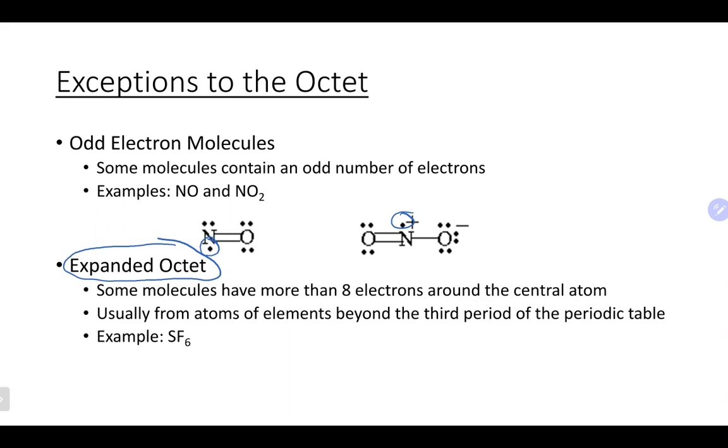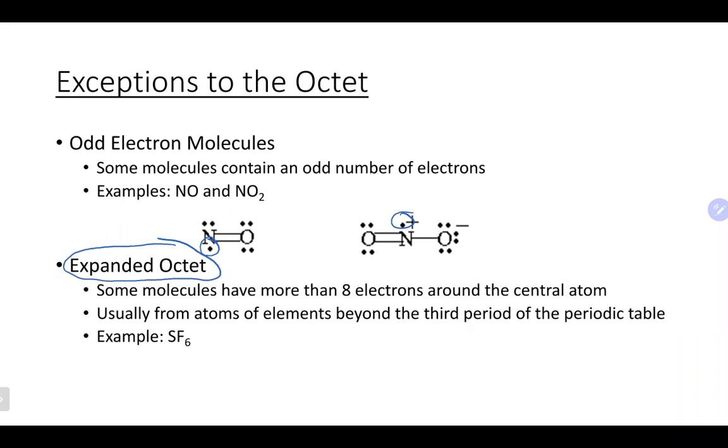That is what is referred to as the expanded octet. The expanded octet, much like the name implies, is when somebody goes over 8 electrons. There are certain elements that have the ability to go over 8 electrons. We could get upwards of 10 to 12 electrons around it, and it's perfectly good to do that.